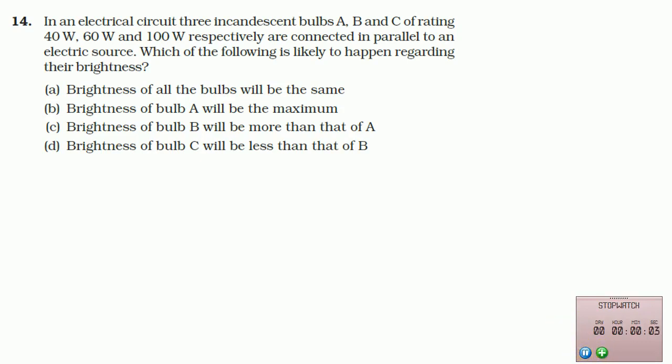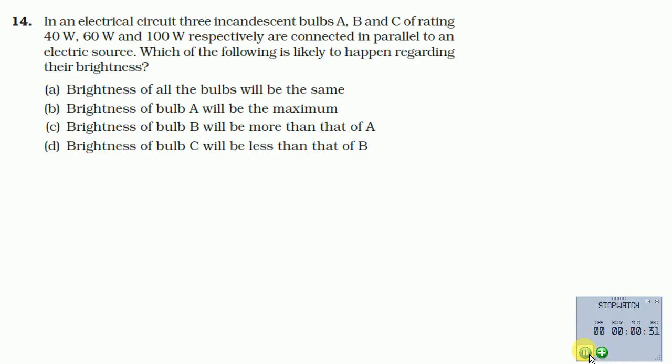Brightness is related to power, and that is what is given as the power rating: 40 watt, 60 watt, 100 watt. And one more thing, bulbs are connected in parallel or in series. Does that matter?